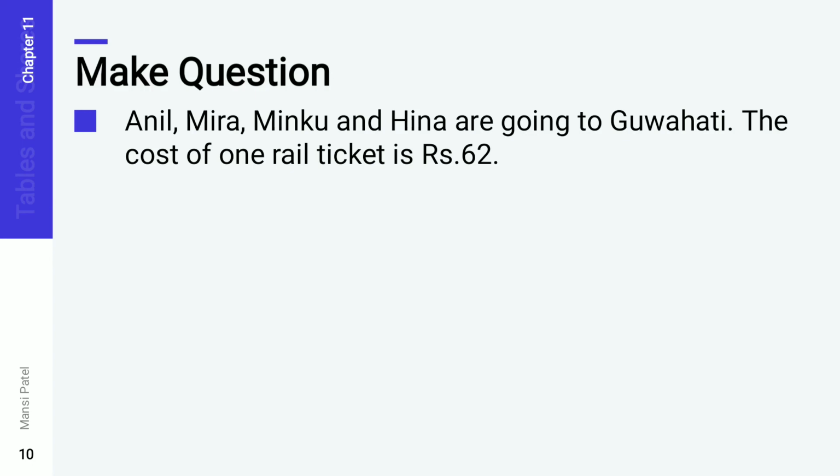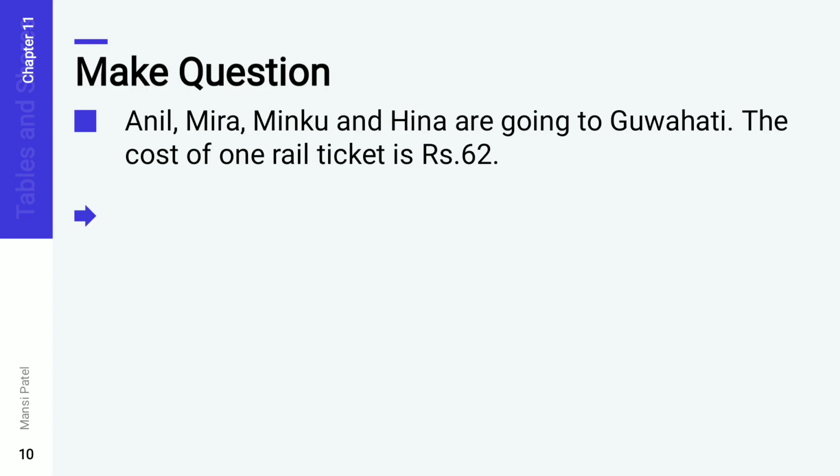So see here they were not given both the things in total. Here they were given both the things for one, for each. They were given the cost of the ticket of one person, as well as they were given that there are total 4 persons. So here we have to make the question for the multiplication.